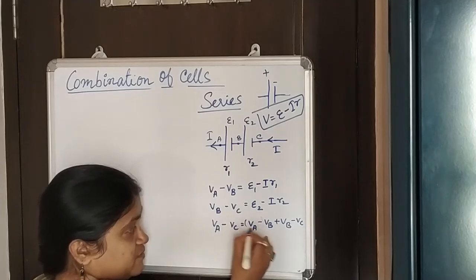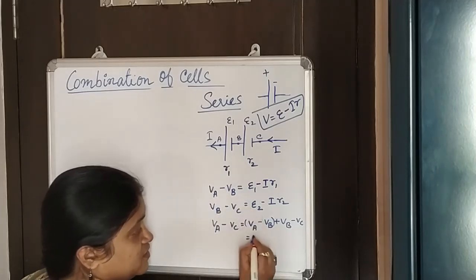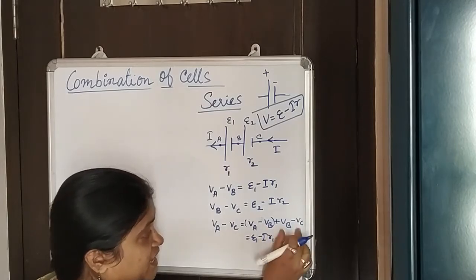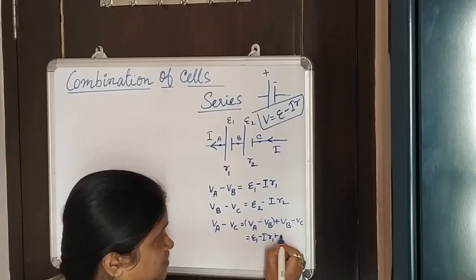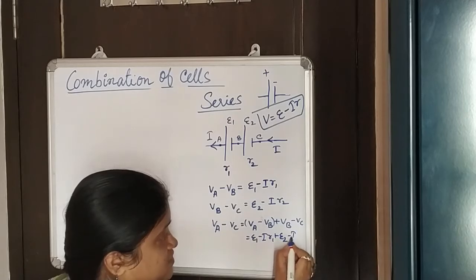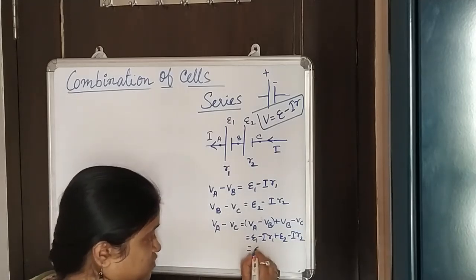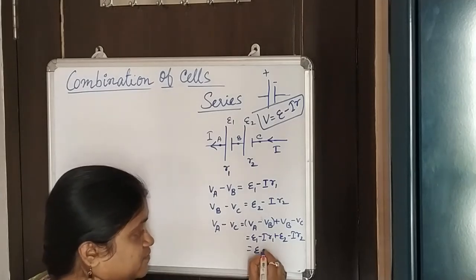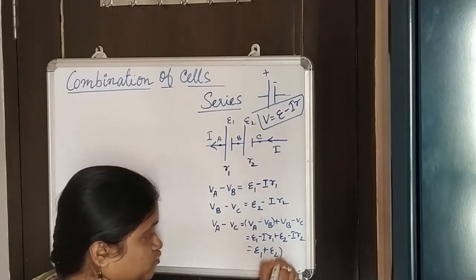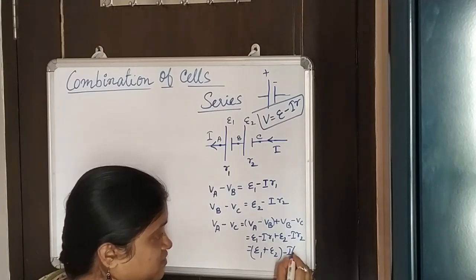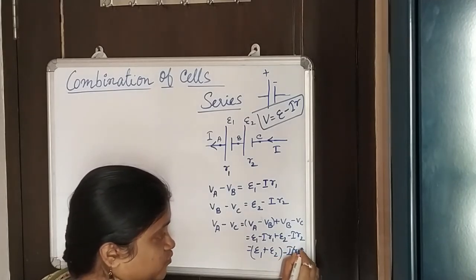Now VA minus VB is epsilon 1 minus I R1, and VB minus VC is epsilon 2 minus I R2. So we have epsilon 1 plus epsilon 2 minus I times R1 plus R2.